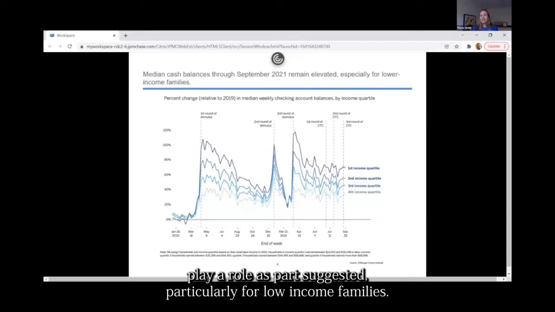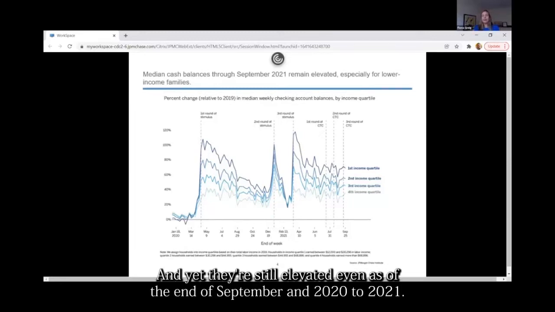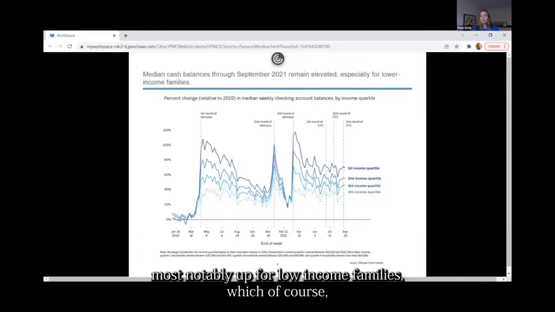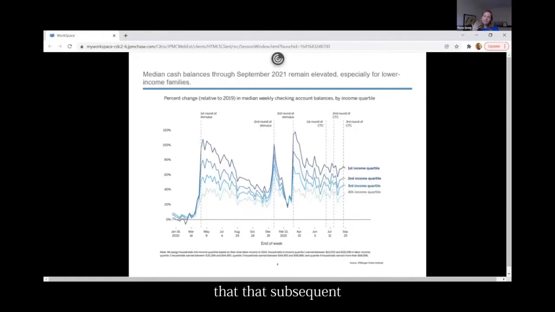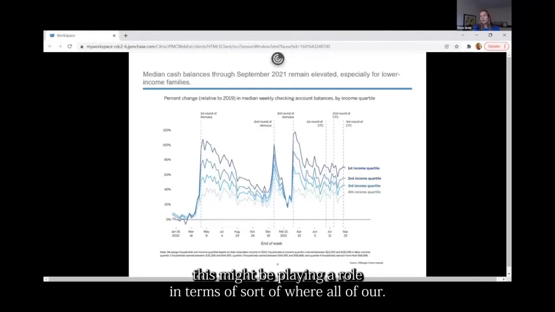As Pat suggested, particularly for low-income families, we see this huge heartbeat with each round of stimulus, and yet they're still elevated, right? Even as of the end of September in 2021, cash balances are up, and they're most notably up for low-income families, which, of course, that subsegment analysis helps us understand, wow, this might be playing a role in terms of where are all of our missing workers?